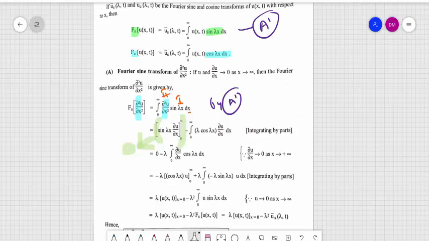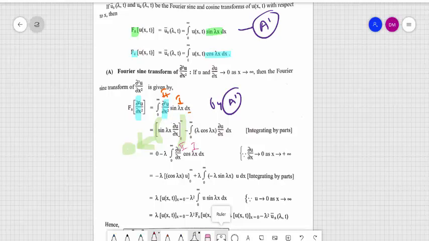We have to write neatly, taking λ outside. Then again use by parts. This is the first function, this is the second function. First function as it is, times the integral of the second function, that is u only. Here we have to multiply by minus λ, so minus λ into minus 1 is plus λ.